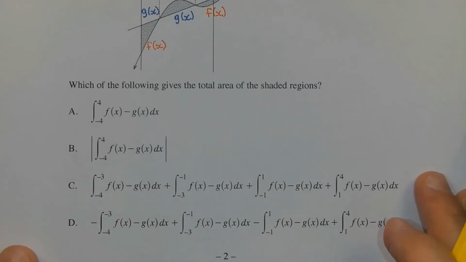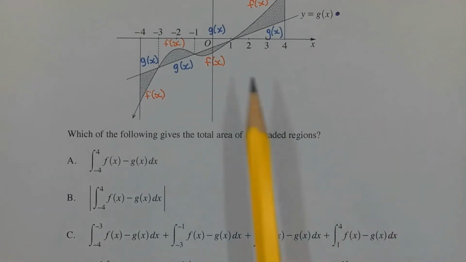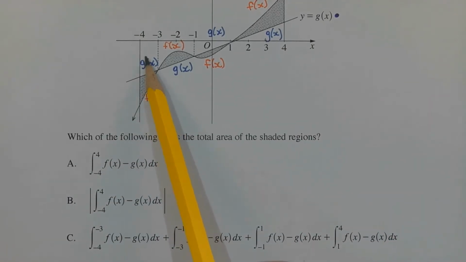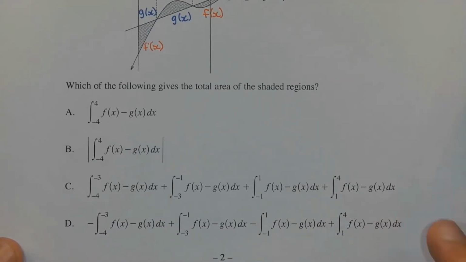If we consider option C, between x equals -4 and x equals -3, we have the integral of f of x minus g of x. And if we do that, f of x minus g of x will get a negative value, but we want a positive value. This immediately means option C is incorrect, which leaves us option D by default.